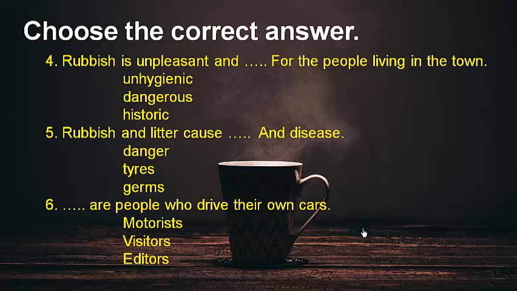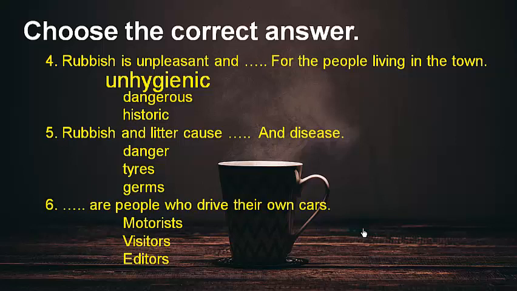Alright. Number 4, rubbish is unpleasant and what for the people living in the town. Rubbish, of course, it can bring us diseases, so it's unhygienic. Rubbish is unpleasant and unhygienic for the people living in the town. Number 5, rubbish and litter cause what and disease?